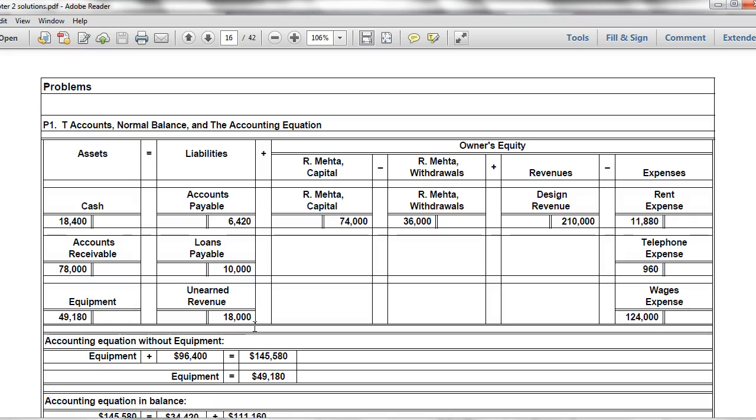Okay, now let's take our owner's equity. Our owner's equity is $74,000 minus $36,000, because those are our withdrawals, plus the revenues of $210,000 minus our expenses of $11,880, minus $960, minus $124,000.